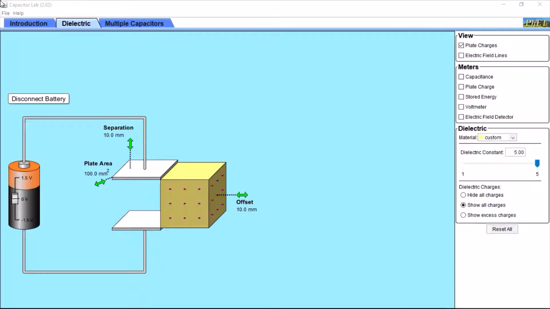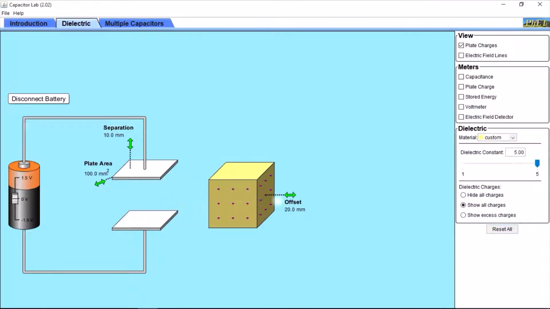In this example, we have a simple capacitor with a plate area of 100 square millimeters and a separation gap of 10 millimeters. Let's see what will happen to the capacitance if we change the plate area or the separation gap. With this construction, we have a capacitance of 0.89 times 10 to the power minus 13 farad.